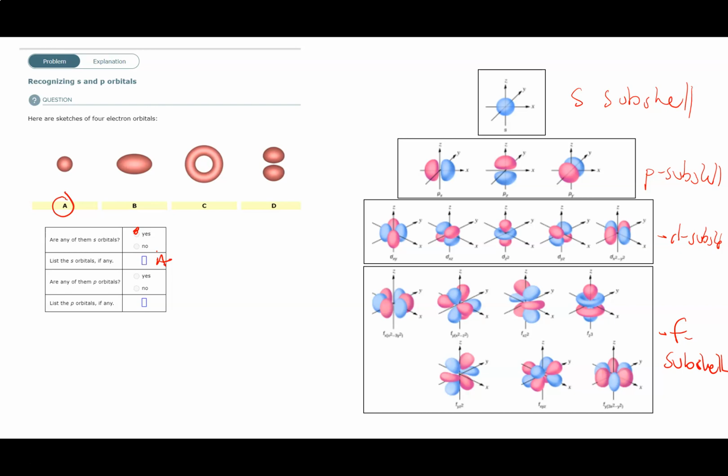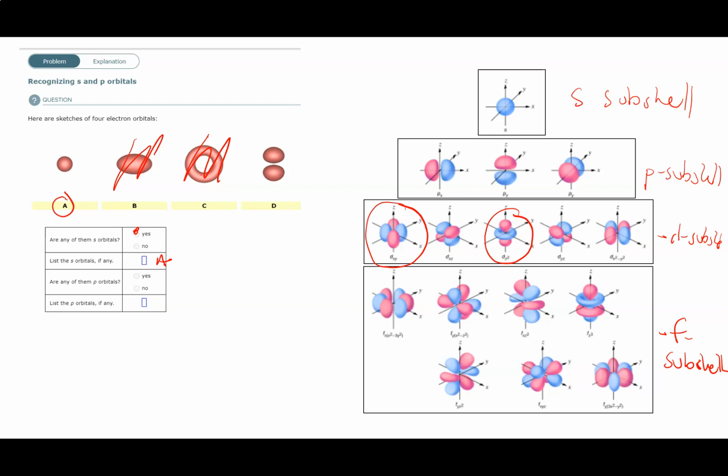All right. Are any of them p orbitals? So this one is nothing, and this one is nothing. Now don't get confused. You might think that this is part of a d, but it's not. The whole thing is the orbital. Similarly, the little donut here is part of this d orbital, but that's not a d orbital.